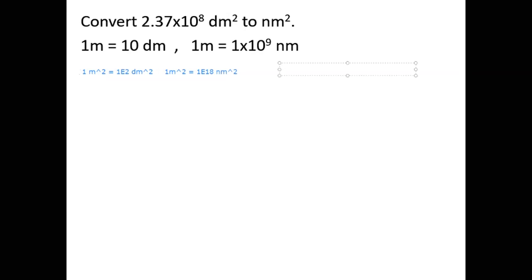So what are we going to do? We're going to convert decimeters squared to meters squared to nanometers squared. I draw my train tracks. So start with decimeters squared.